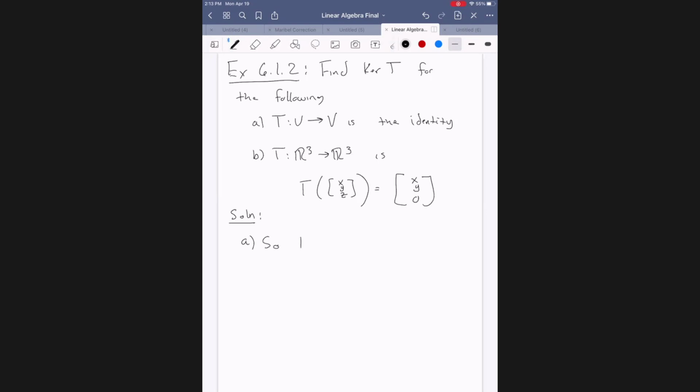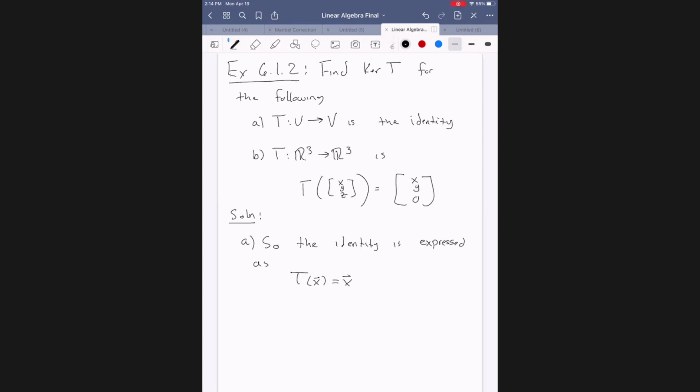So the identity is expressed as T of x is equal to x, okay? So you give it the vector, and it gives me back the vector. That's where it is, okay?